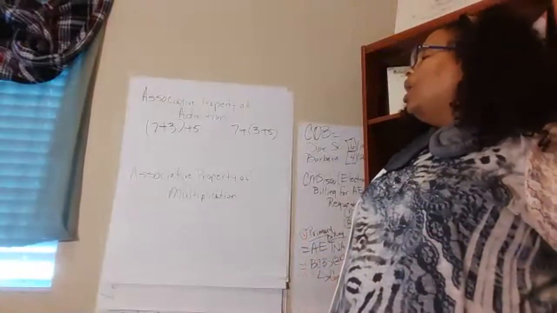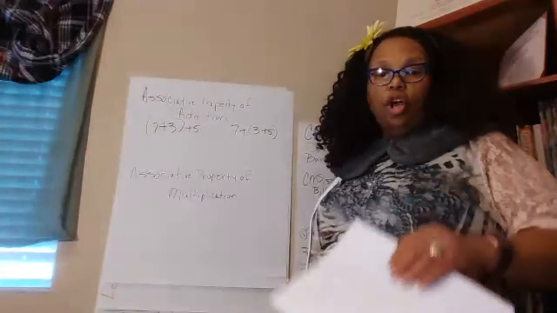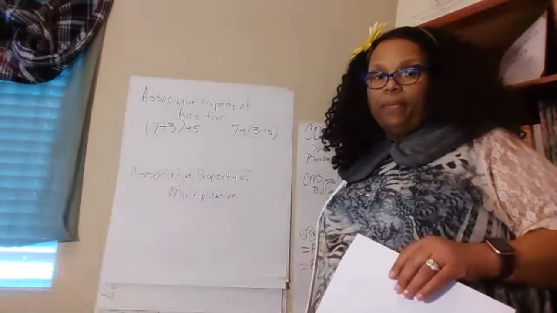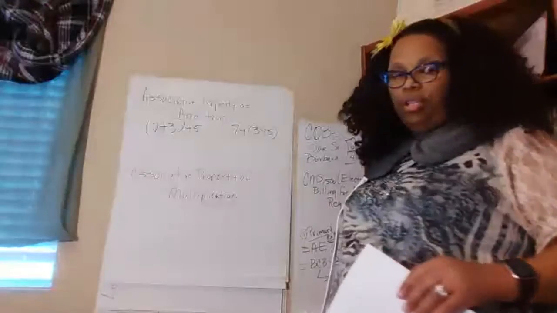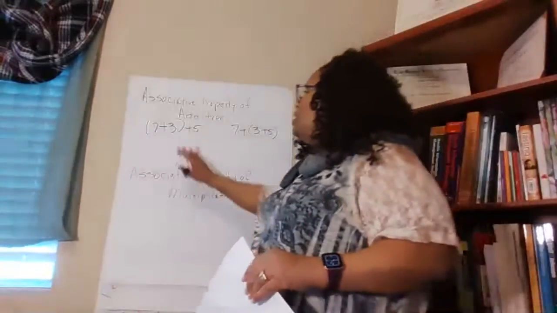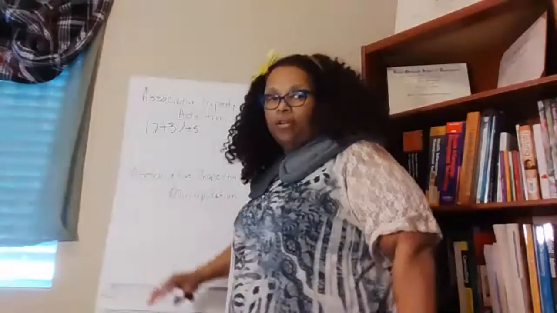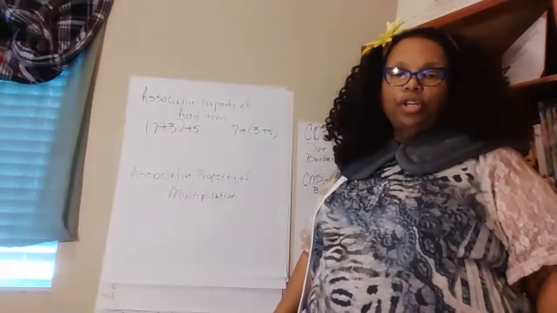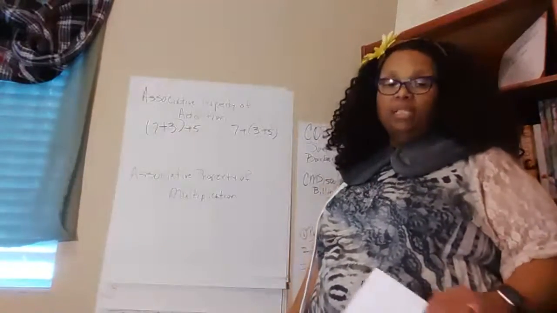Okay, now you're starting to work out PEMDAS in a slower fashion. Okay, we already did commutative property, so now we're going to do associative property. So right here in parentheses, what do you have in the first parentheses on your paper? You should have the first set of parentheses, 7 plus 3 plus 5.